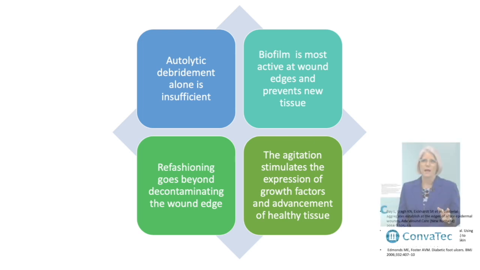Biofilm is most active at the wound edge and prevents new tissue from migrating across the wound fluid and wound base. Refashioning goes beyond decontaminating the wound edge. The agitation actually stimulates the healing cells and the growth factors, and that helps advance the wound edges.